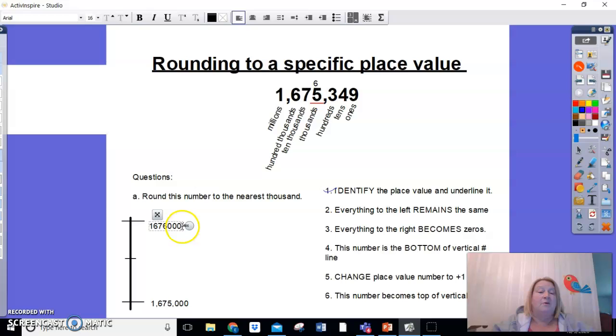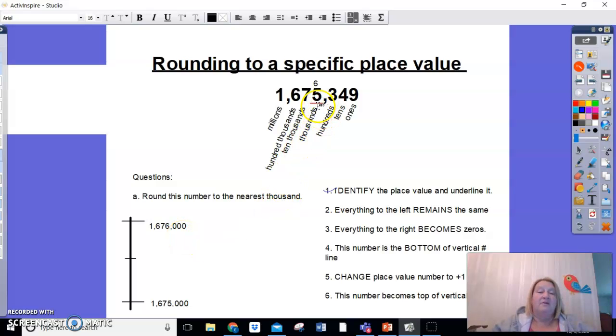So now I can count over 1, 2, 3, and I can put a comma. And again, 1, 2, 3, and put a comma. So these are my two numbers that I'm rounding between: 1,675,000 and 1,676,000.